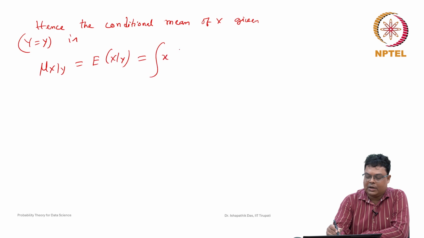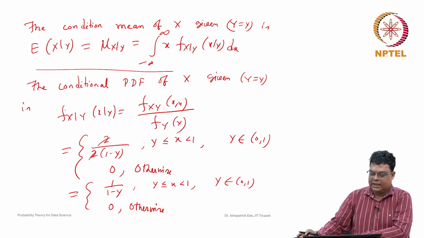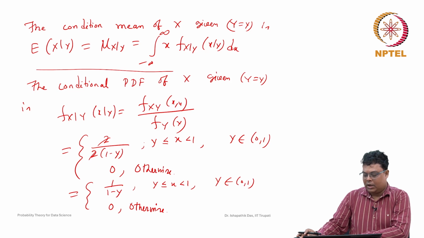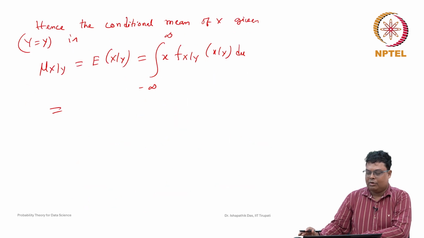So this is nothing but the integral from minus infinity to plus infinity of x times f of x given y, dx. Now this density exists between y and 1, otherwise this is 0, for a particular value of y between 0 to 1.